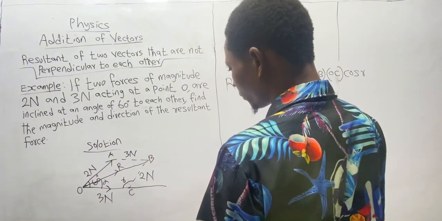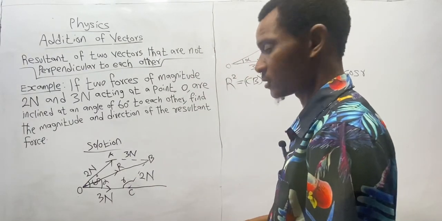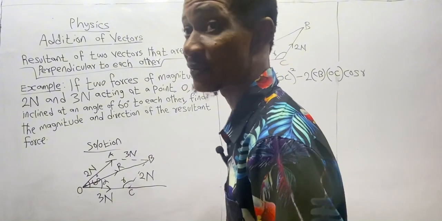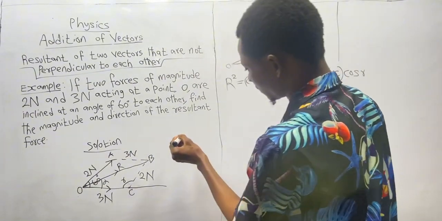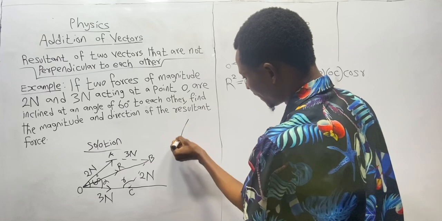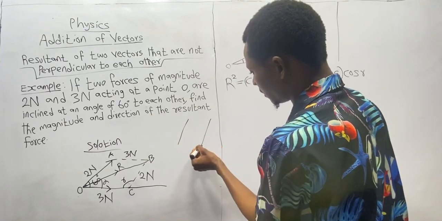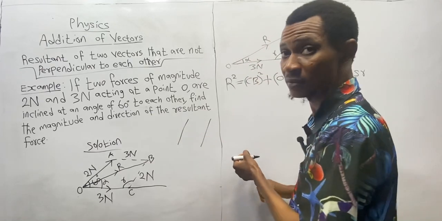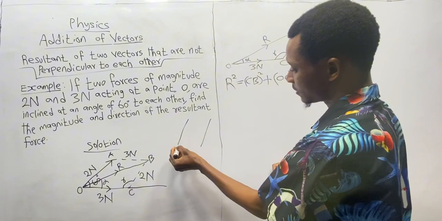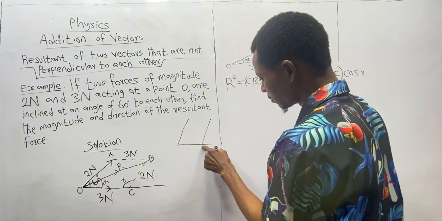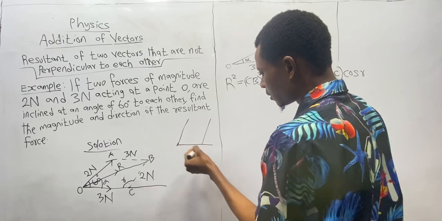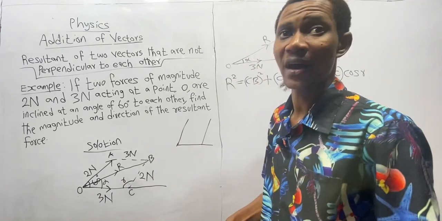before we come here, let me quickly explain something in mathematics called the transversal. If you have parallel lines like this, these two lines are parallel. In mathematics, the line that joins two parallel lines together is known as the transversal.